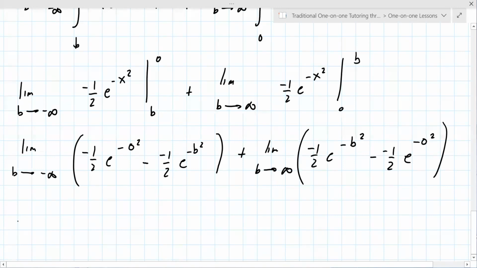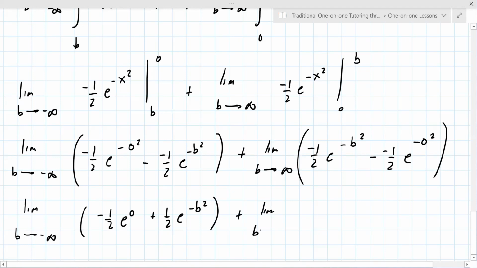Okay, so this is where you want to actually get a number. If b goes to minus infinity, let me clean this up a little bit. You get minus 1/2 e to the 0 plus 1/2 e to the minus b squared, plus limit as b goes to infinity minus 1/2 e to the minus b squared plus 1/2 e to the 0.